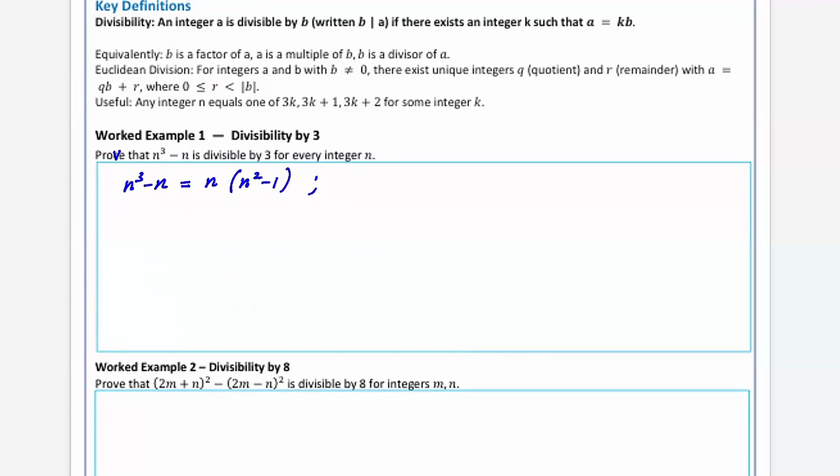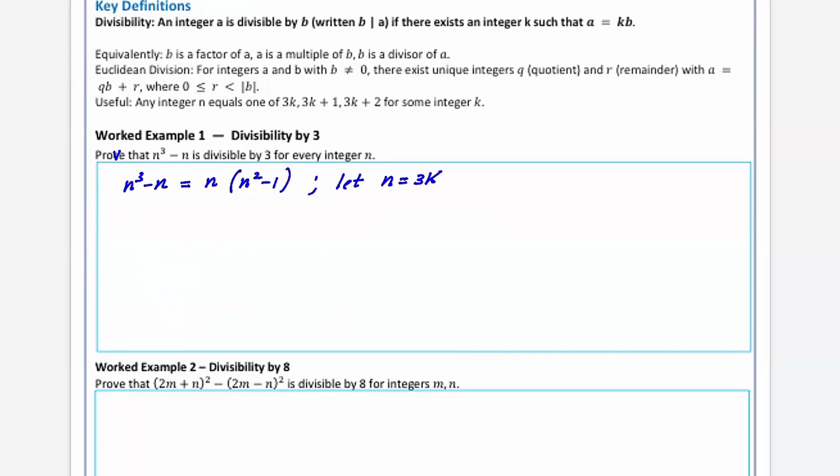Then what you say? You say let every integer n, so n is an integer. So let n is equal to 3k. Why do you include 3k? Because you need to divide by 3.